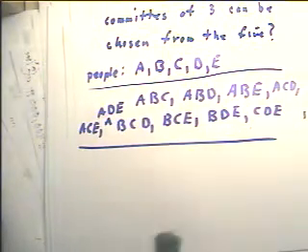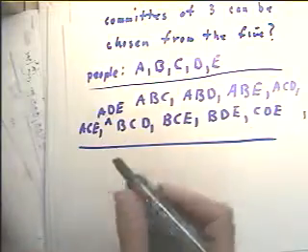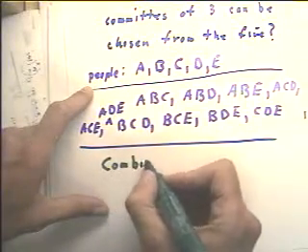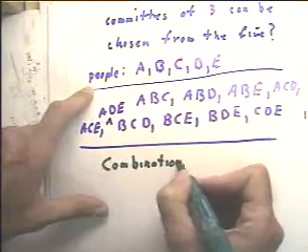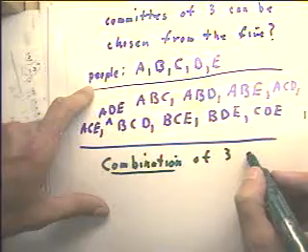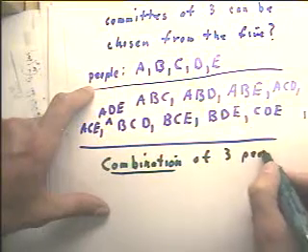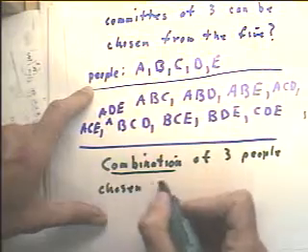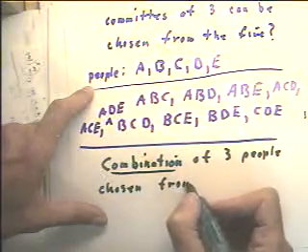So what we've done is we've chosen what's called a combination, as opposed to permutation, of 3 people chosen from 5.